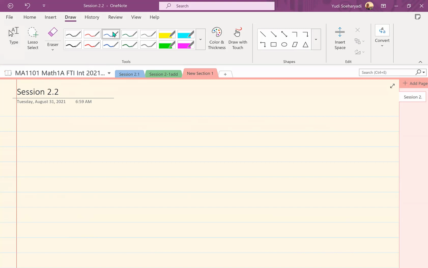So we start with the function f, and the range of f.